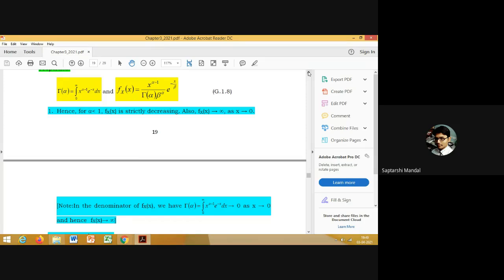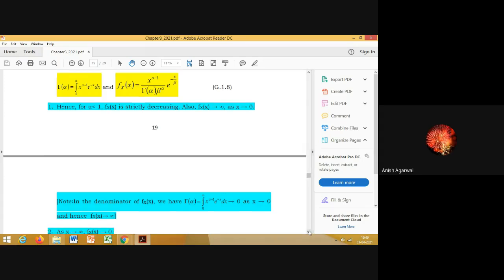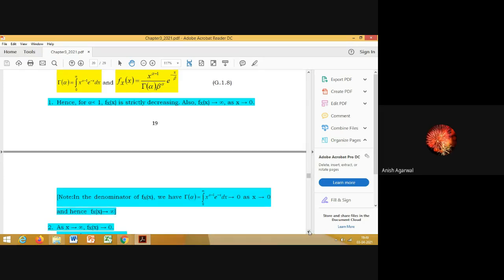We first get the gamma alpha function after integration, and then we put the value of x. But after integration it will generate a constant value, no? It will not depend on x. It will only depend on alpha. I think that is a constant.